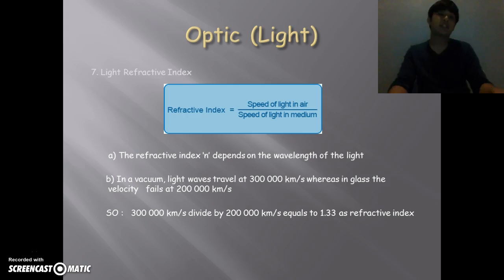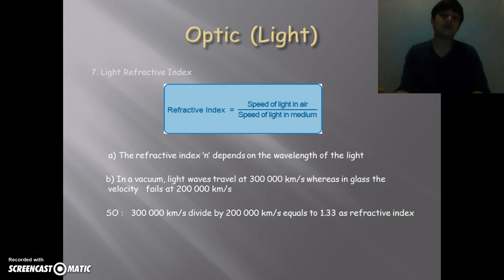Refractive index is also related to refraction. To calculate it, you take the speed of light in air divided by the speed of light in the medium, as it says in the formula right here.